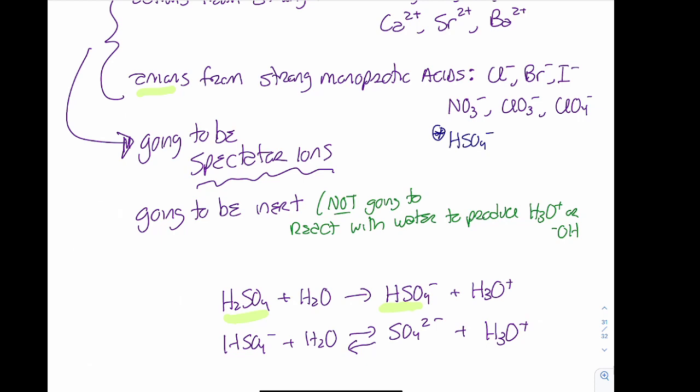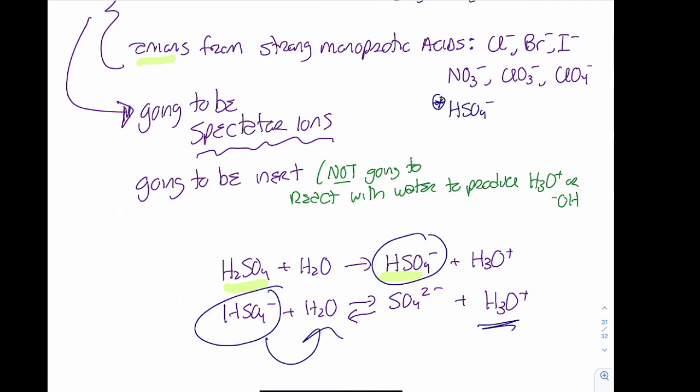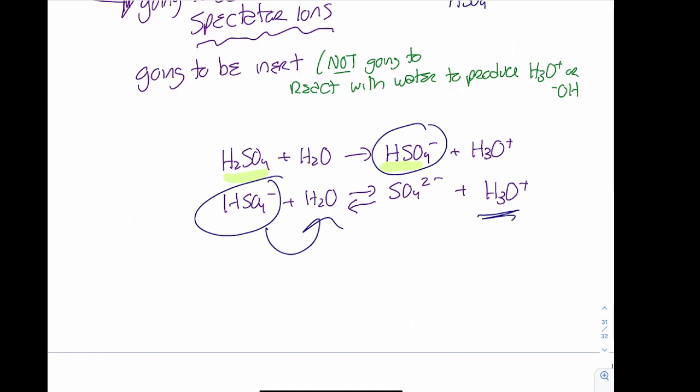It's just not going to go back in the other direction. So when I'm looking at whether it's going to be acidic, basic, or neutral, I don't really like to include that one, because it can react with water to produce more of this one. So I tend to leave it off the list for that reason. Just remember, it's only that first proton that's strong. That second proton can react with water. Looking at a strong acid, weak base solution next.